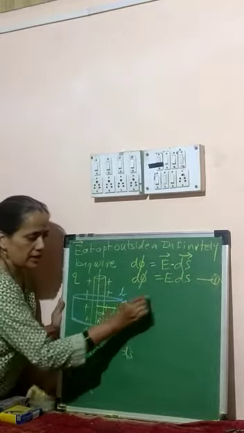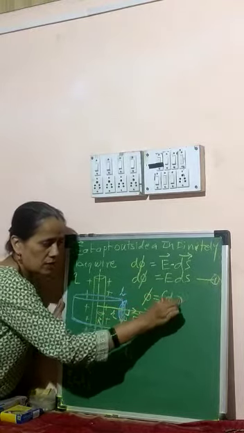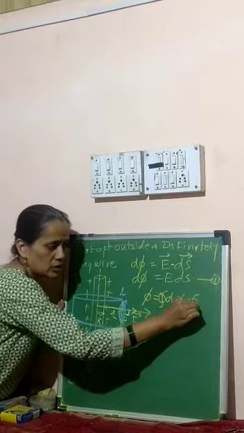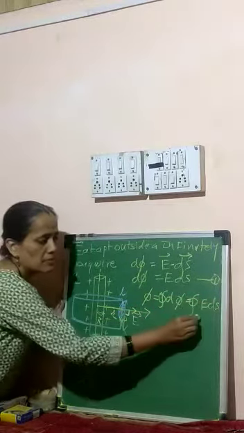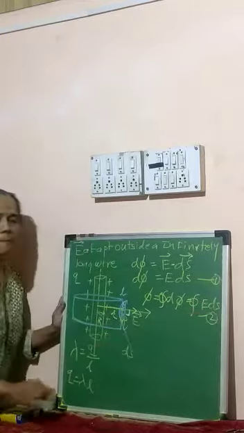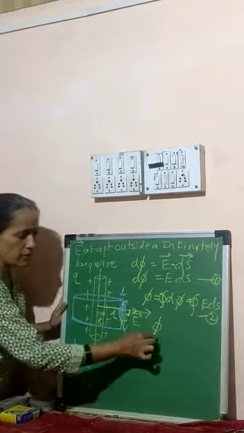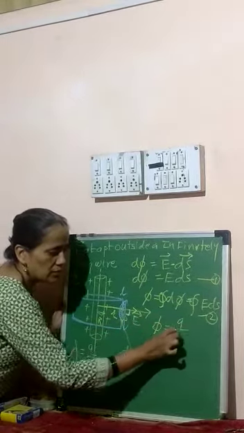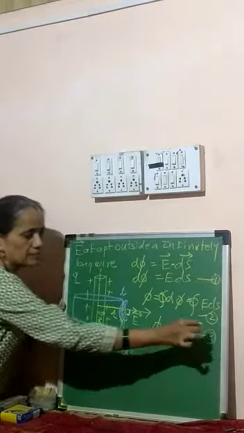From this d phi, if I want to find out the phi, I'll write phi is the integration of d phi over a closed area, which is equal to integration over a closed area E ds. This is my equation number 2. And according to Gauss theorem, that is your step number 4, your phi is equal to nothing but q upon epsilon naught. So that is my equation number 3.